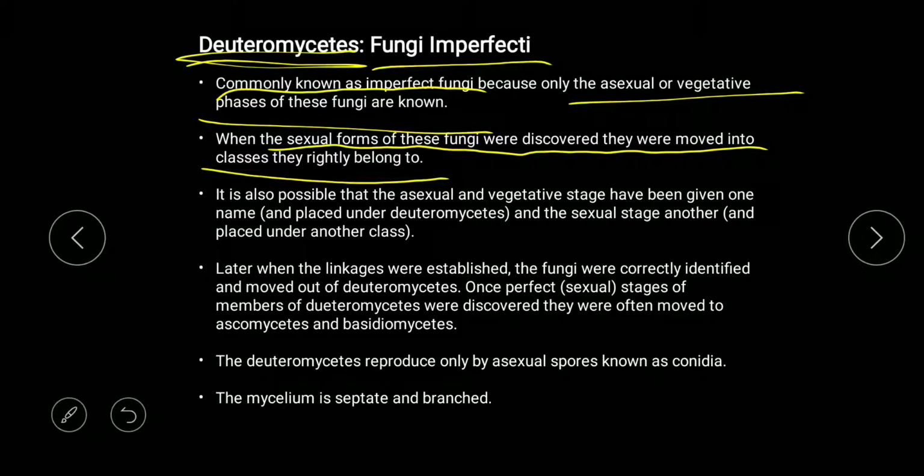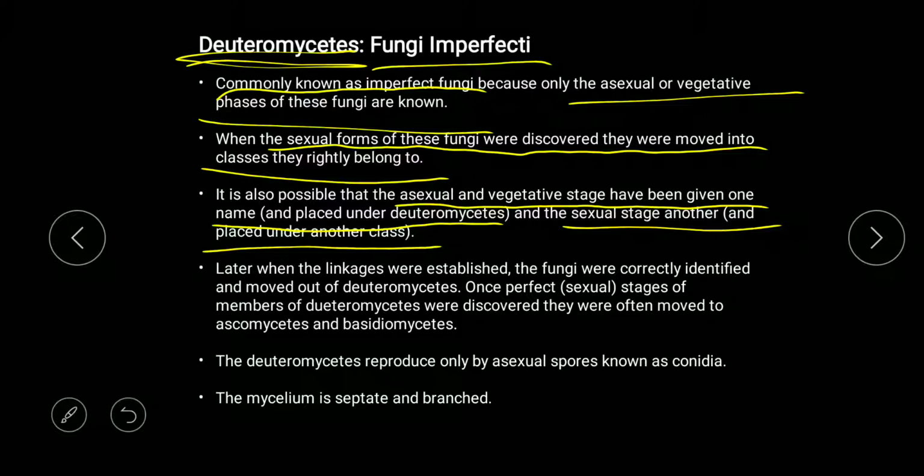It is possible that the asexual and vegetative stage has been given one name and placed in Deuteromycetes, and the sexual stage given another name and placed in another class like Asco or Basidiomycetes. And when the linkage gets established, they are moved out of Deuteromycetes when the sexual stage gets discovered, and placed in Asco or Basidiomycetes according to their linkage.